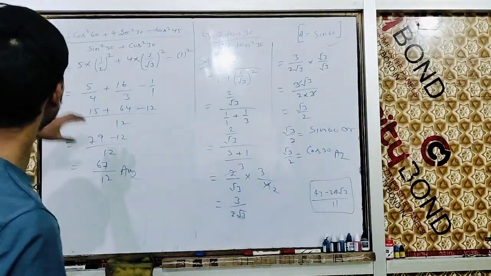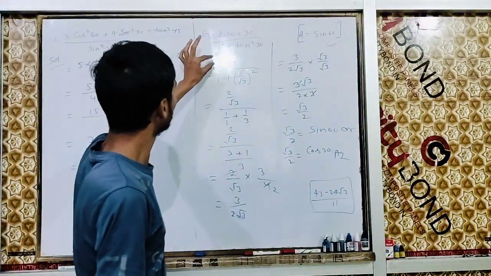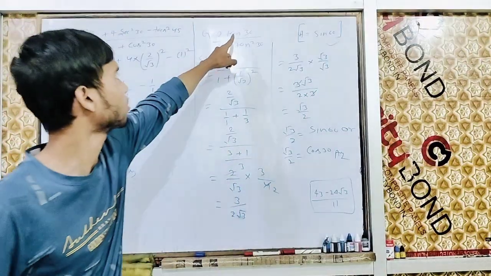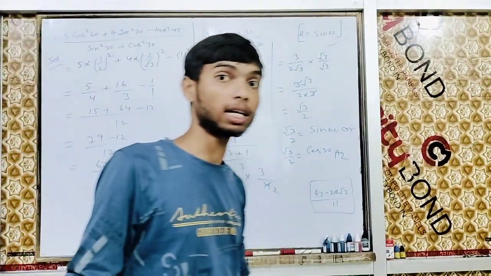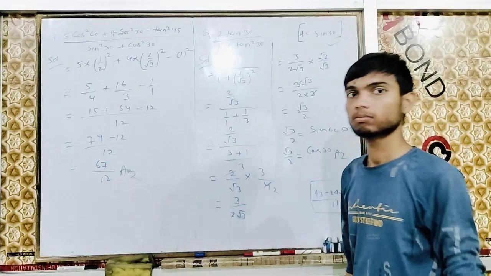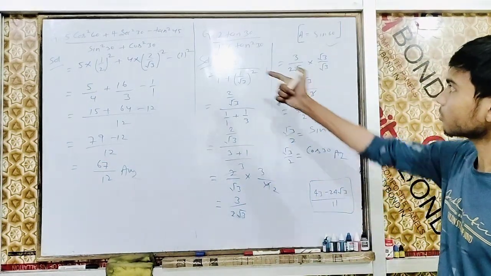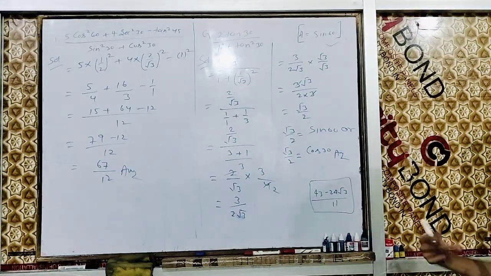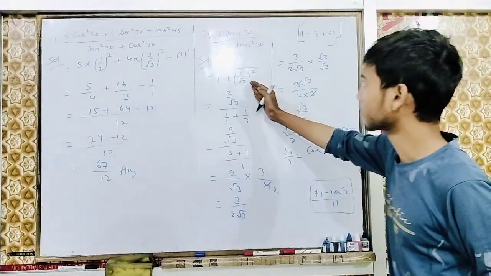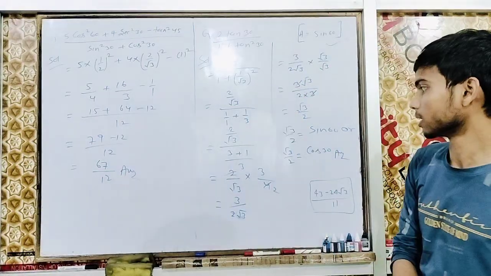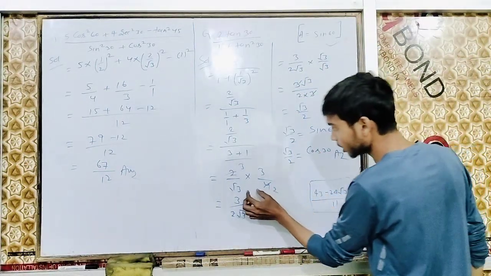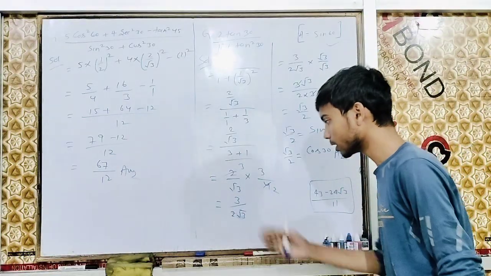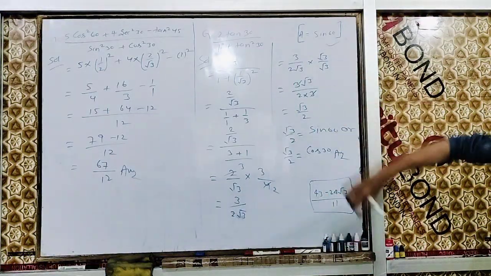You can see the process of this question. What did we do? Here the 2 stays as it is, because that is a multiplication of this trigonometric function. Then we know that the value of tan 30 is nothing but 1 upon root 3. Then here it is the same, but this 1 upon root 3 is in a square. Then we simplified this, and then we had to do rationalization.